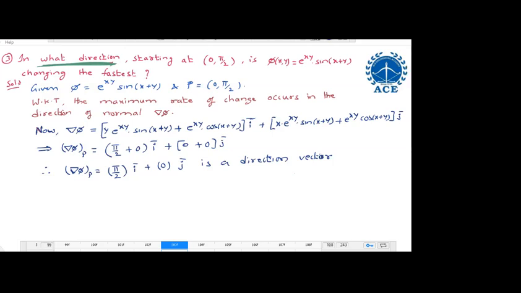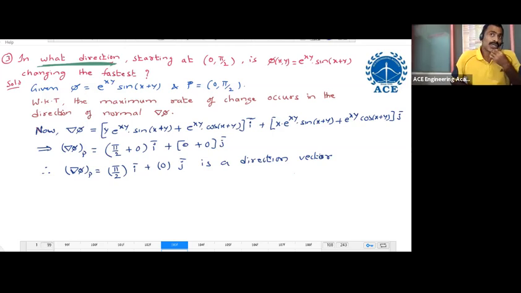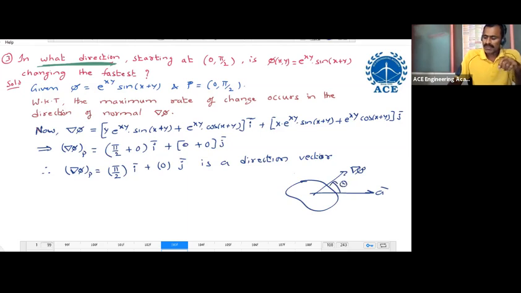That n cap is the unit normal vector, but here we are asked to find the direction vector. If this makes an angle theta, when theta equals 0, this direction vector will coincide with the normal vector. So for theta equals 0, the maximum rate of change occurs for the directional derivative. So the direction vector a bar is the same as del phi only.